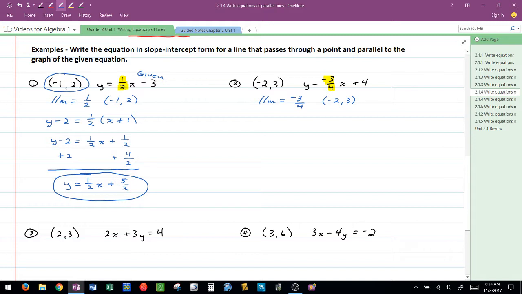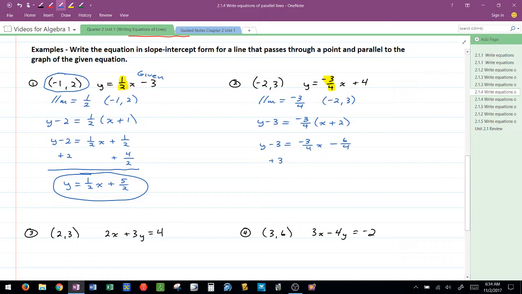Plug it into point-slope. y minus 3 equals -3/4 times x minus -2, which in this case would make it x plus 2. Distribute. y minus 3 equals -3/4 x, and then this would be minus 6/4. -3 times 2 is -6 over 4 times 1, which is 4.